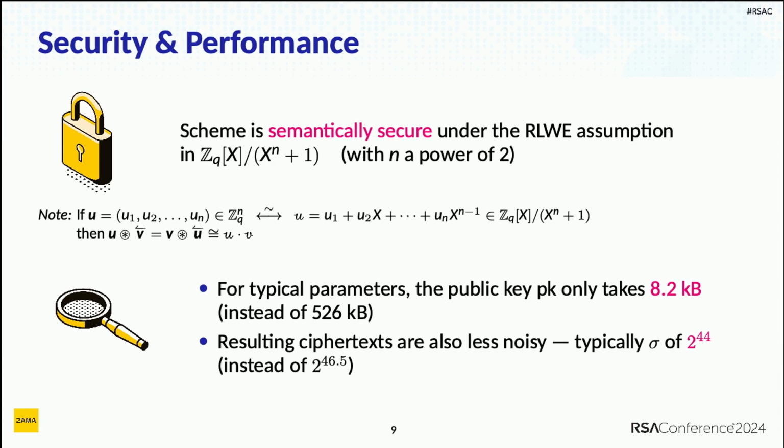Also regarding the noise, you see that we gain more than 2 bits, which is always something good to have. In this case, this is for a 64 bits ciphertext modulus. And sigma in this case is the standard deviation. We are always taking Gaussian noises.